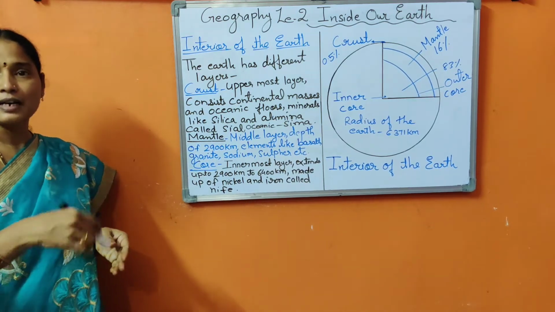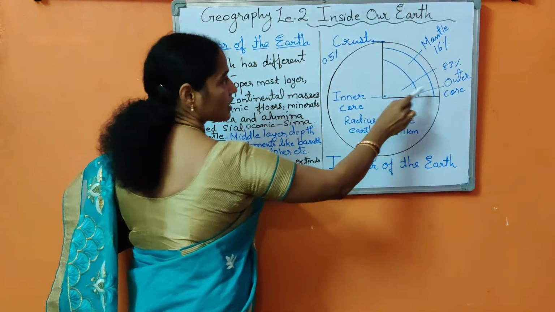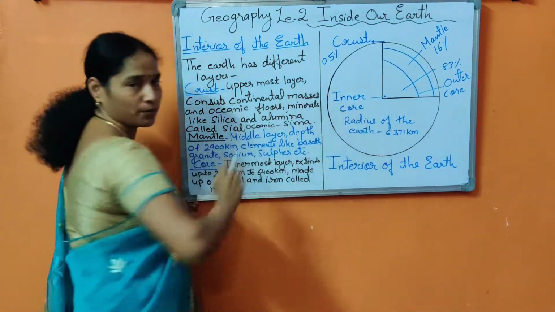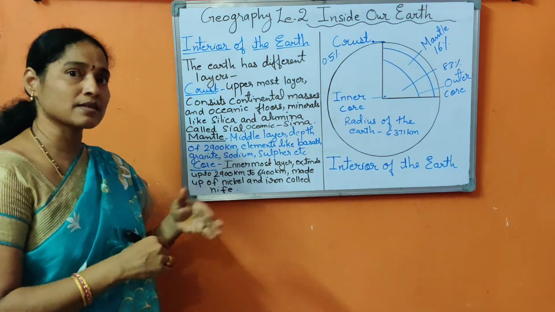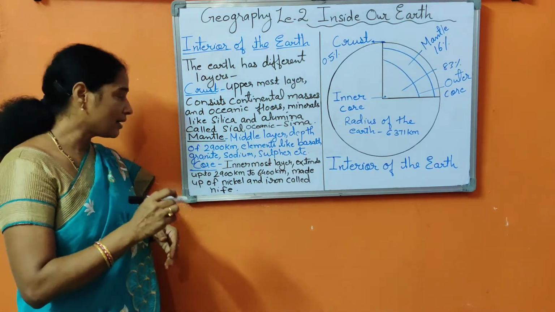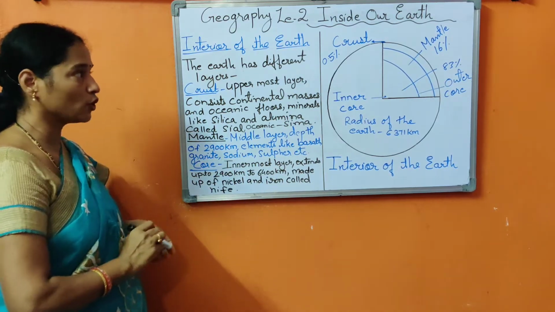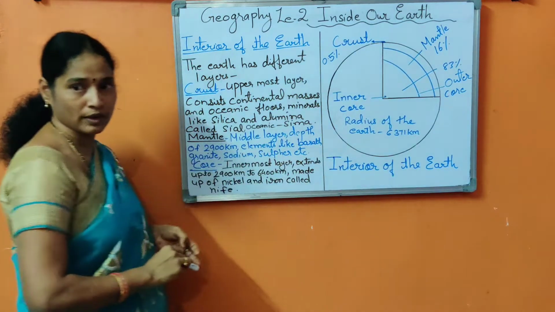And after the mantle, you will see the core, that is the outer core and this is the inner core. It extends from 2,900 km to 6,400 km. That means from the mantle to the inner core.